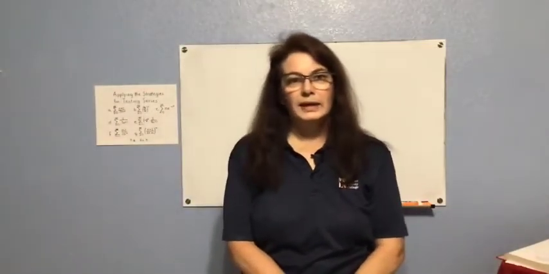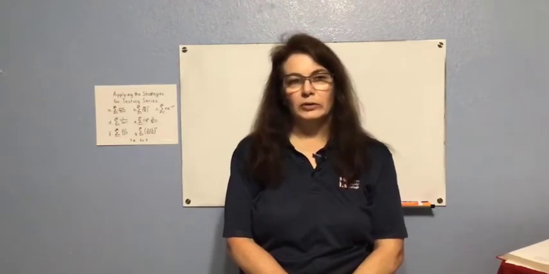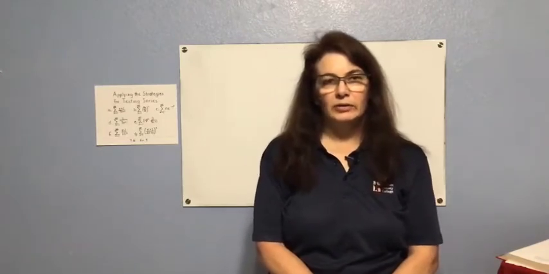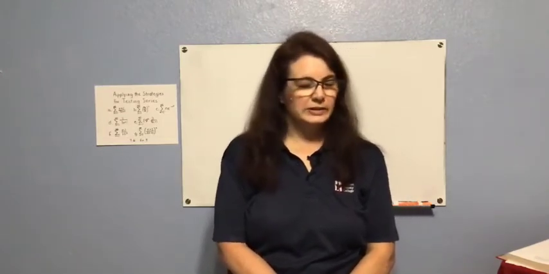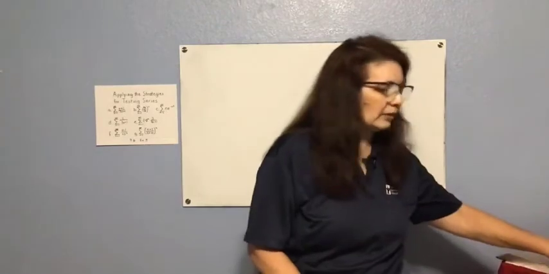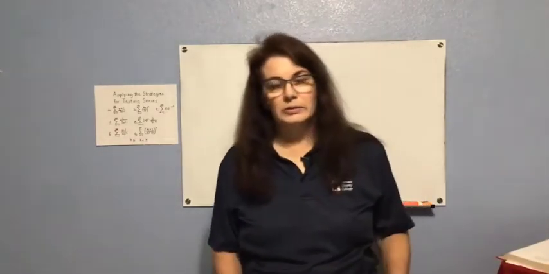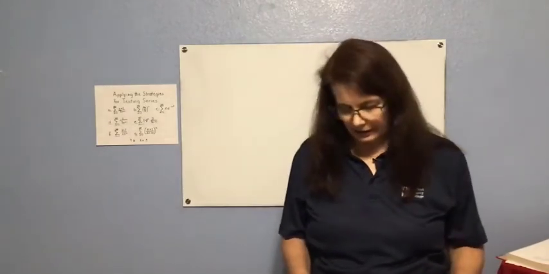Wow. In this chapter, you've learned 10 different ways to determine whether a series converges or diverges. Okay, we're going to work a few examples in a minute, but I want to point out a couple of things.